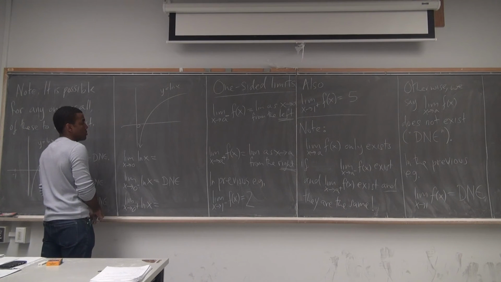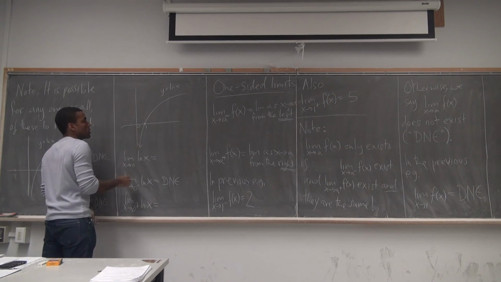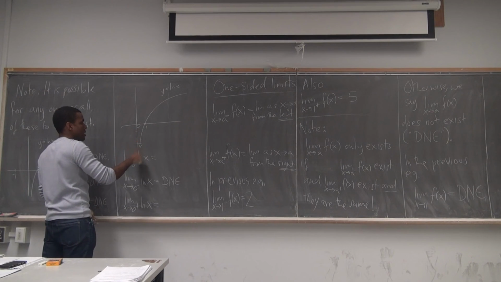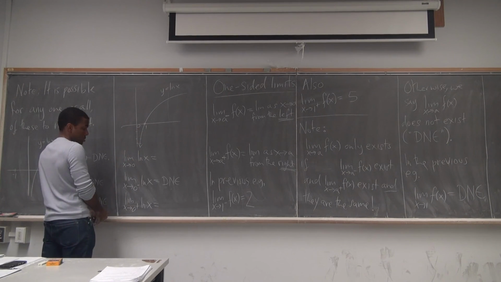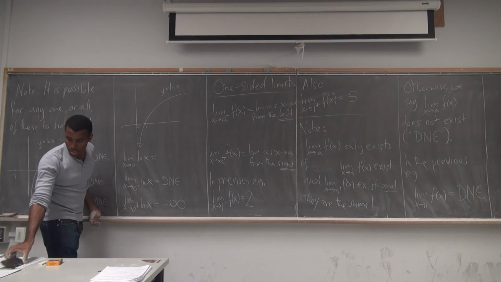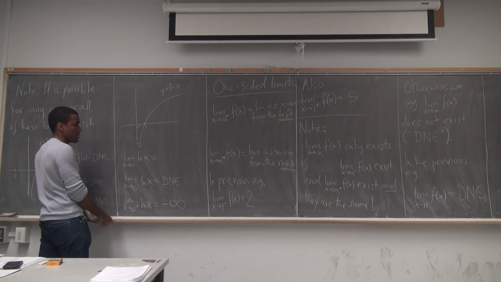But doesn't it stop at 1? No, the y values keep going down, it passes through 1. If I look at the y values, here the y value is this. Here, the y value is that. It keeps going down. I can actually say that's negative infinity. We won't get a lot of time to talk about infinite limits right now, but that's an idea that we'll come back to next time.